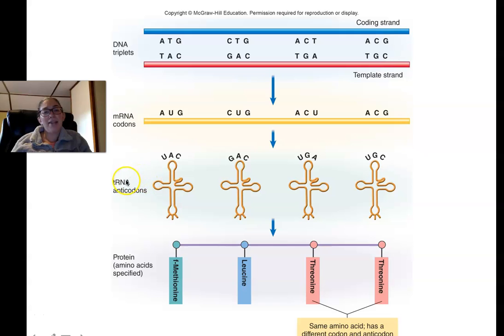And then we can see all the tRNA anticodons that are complementary to those RNA codons, and we can see what amino acids they encode. So it can get confusing. I think sometimes the anticodons get confusing. So remember, it's the codons that we use to read that table to determine which amino acid is going to be made. So CUG codes for leucine, etc.